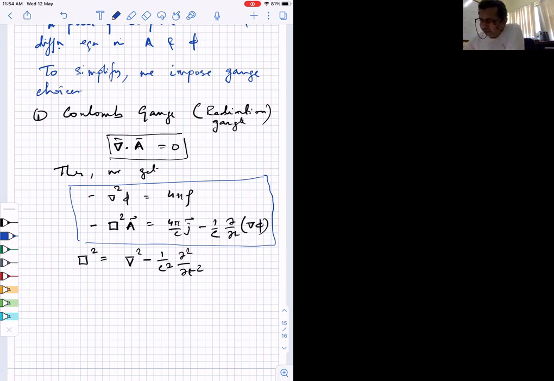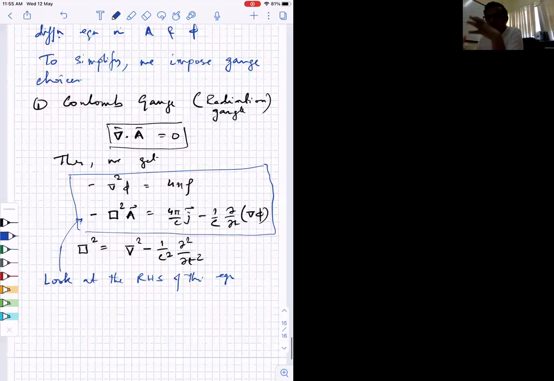Now, if I look at the second equation, look at the right hand side of this equation, then I can slightly modify this RHS.